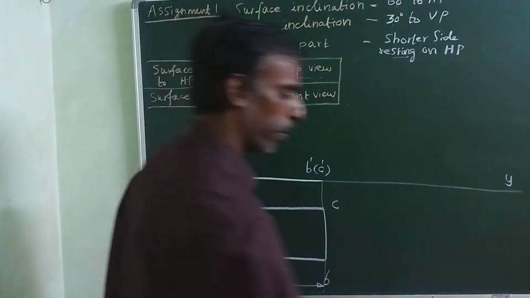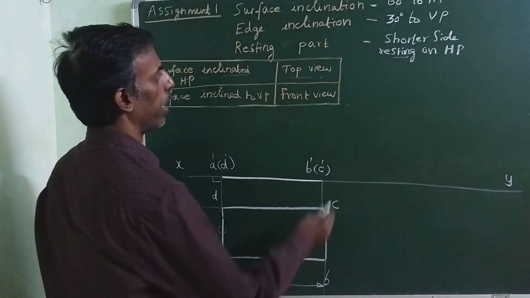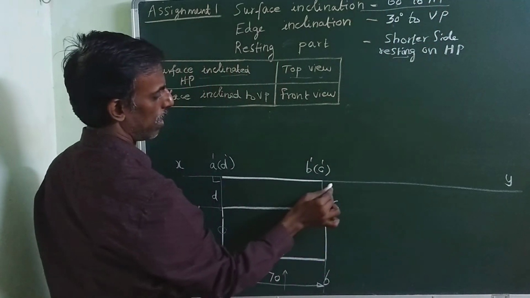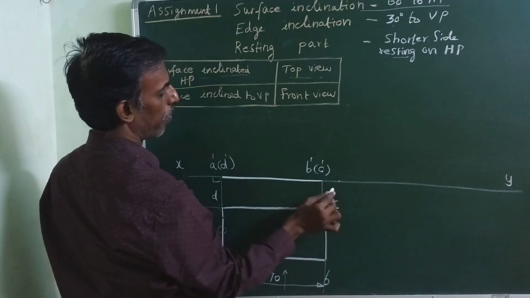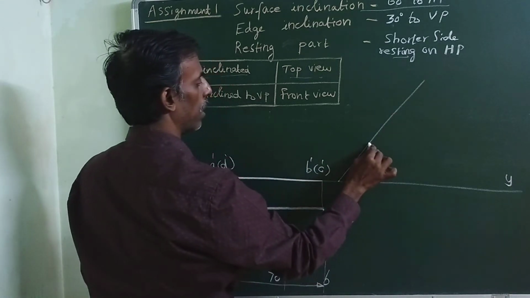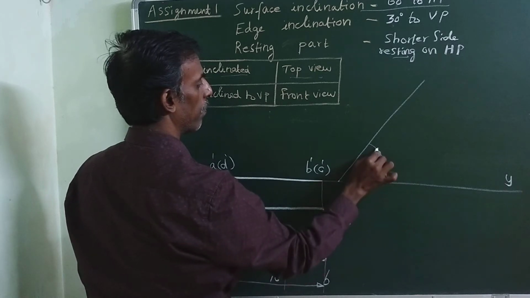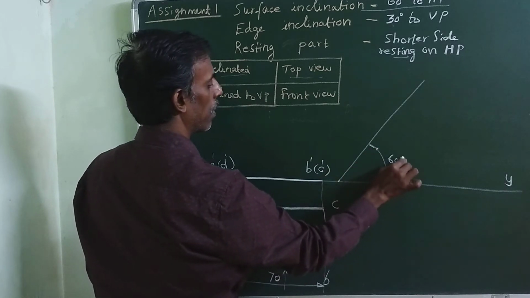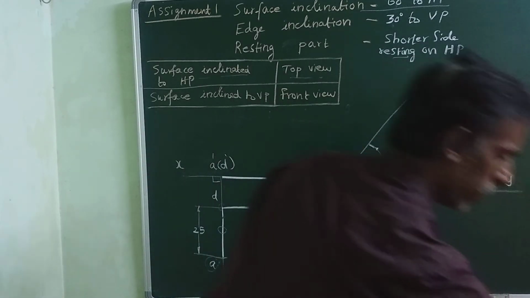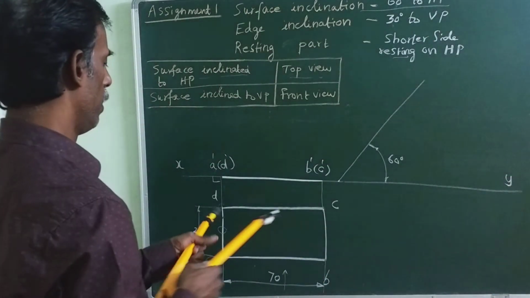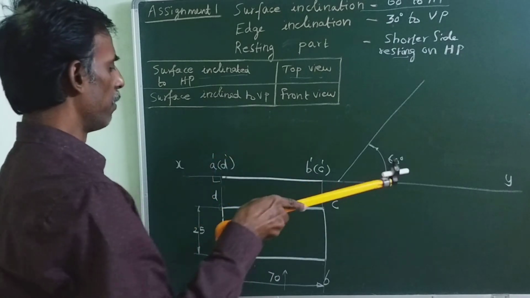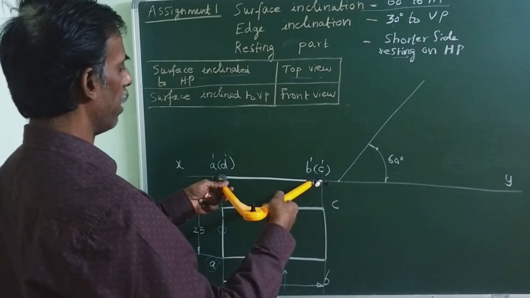Now I am going to rotate this front view to the required angle 60 degree. Surface inclination is given as 60 degree. So mark one point here, draw one 60 degree inclined line. Now transfer the front view length. This front view alone I am going to rotate here.